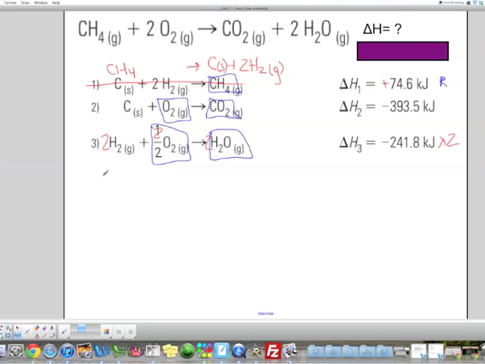Okay, so now if I add up everything, I have CH4, I have carbon, this is gas, I have, what else, 2H2 gas, and I have 1 O2 plus 1 O2, 2 O2s.